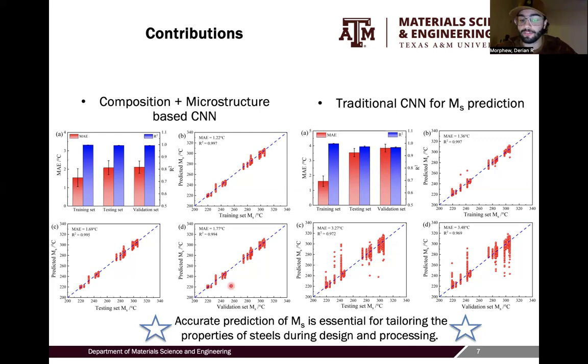And that's essential for tailoring properties of steels, especially during the design and processing step of annealing, knowing what temperature to anneal at and how long to anneal to get desired properties.